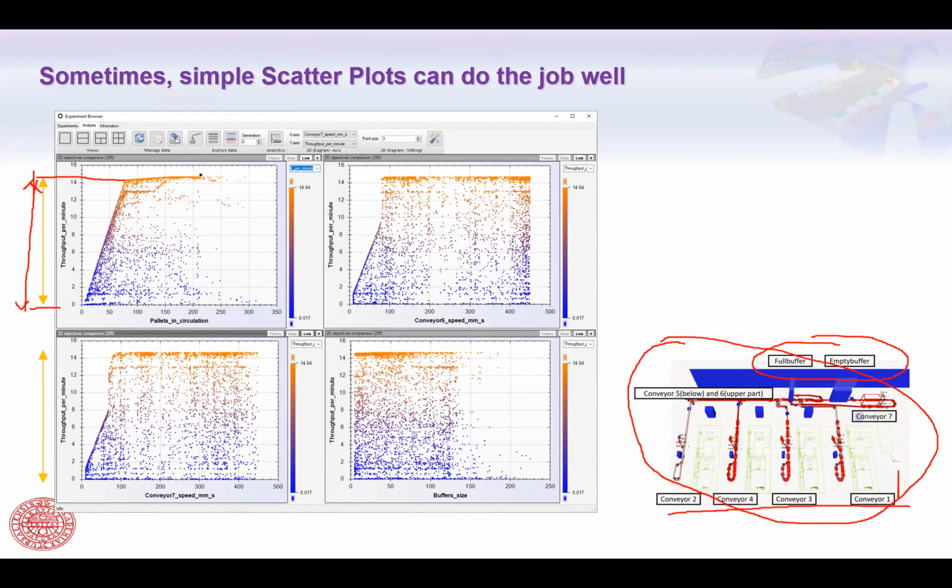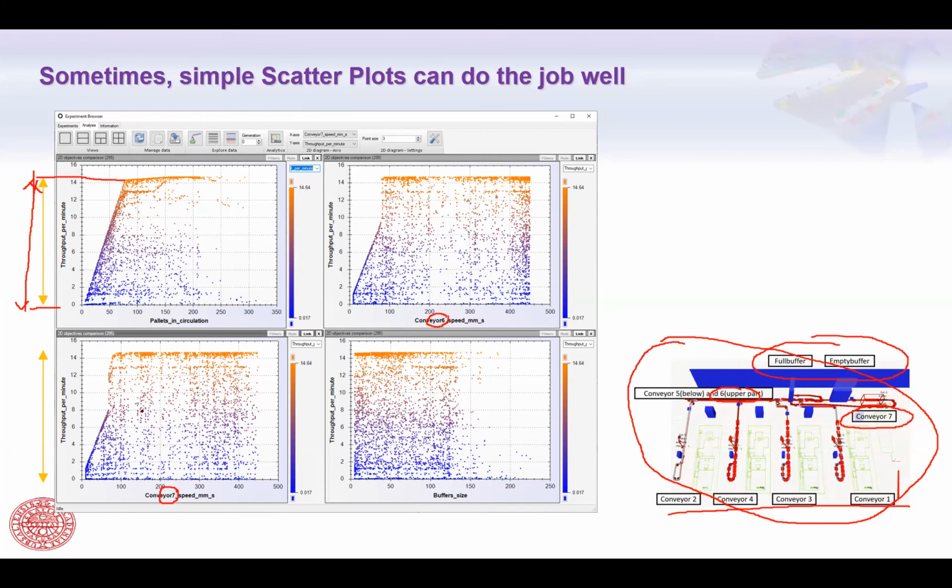Without multi-objective, you will not get such dense lines to show the relationship, and without these dense lines, you will not observe something very interesting. We see that there is conveyor number 6 and conveyor number 7. I think number 6 is somewhere here, and number 7 is somewhere here. Now I try to highlight here.